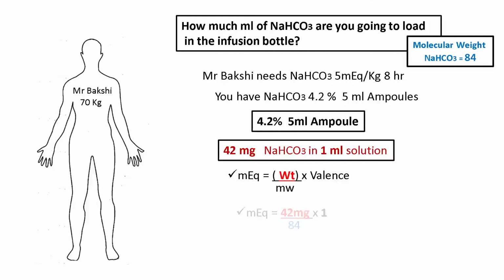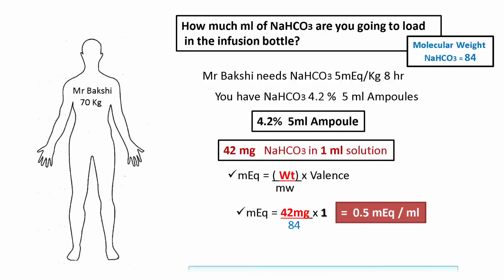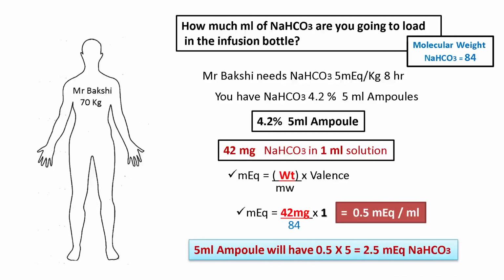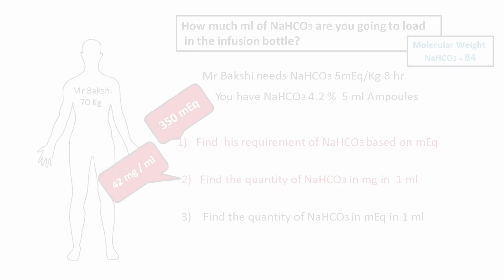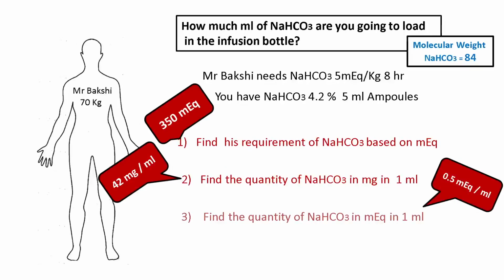We put the weight as 42 mg multiplied by the valence of sodium bicarbonate molecule, which is 1, and divide it by the molecular weight. We get 0.5 milliequivalent of sodium bicarbonate per ml of the solution. So we got the third point cleared.